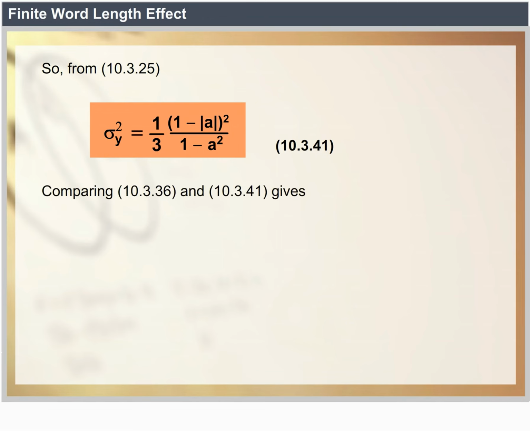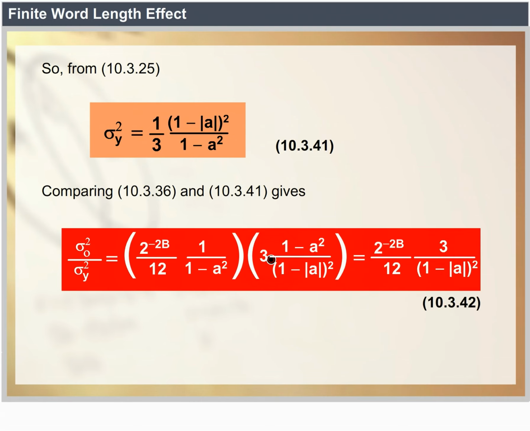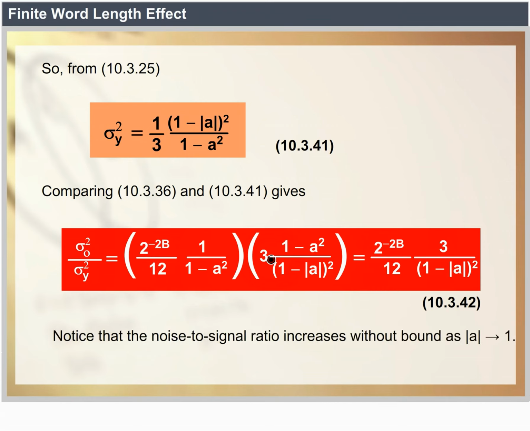Comparing 10.3.36 and 10.3.41 gives sigma naught squared / sigma y squared = 2^(-2b)/12 times 1/(1 - a²) times 3(1 - a²)/(1 - |a|)² = 2^(-2b)/12 times 3/(1 - |a|)², equation 10.3.42. Notice that the noise to signal ratio increases without bound as |a| approaches 1.